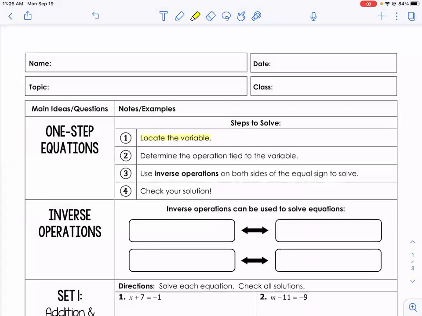You are then going to determine if there is a number tied to that variable. Is there a number being added, subtracted, multiplied, or divided to that number? If there is, then we are going to use inverse operations on both sides so that we can get our variable by itself.